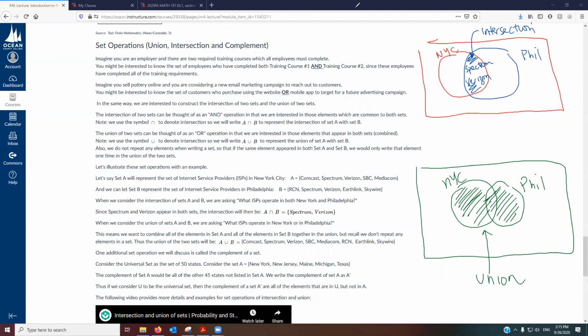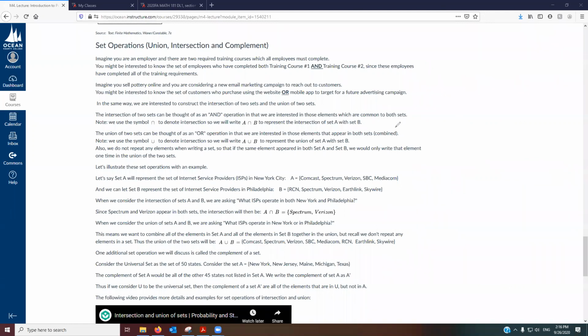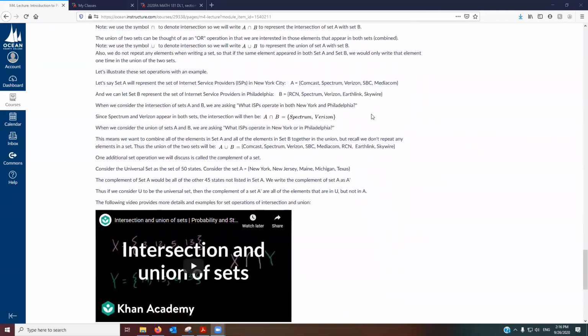All right, well, let's do a quick example of complement. So what is the complement of a set? Well, the complement of a set is all of the elements that are not in a certain set, but still contained in the universal set. Let me give you a quick example of that.